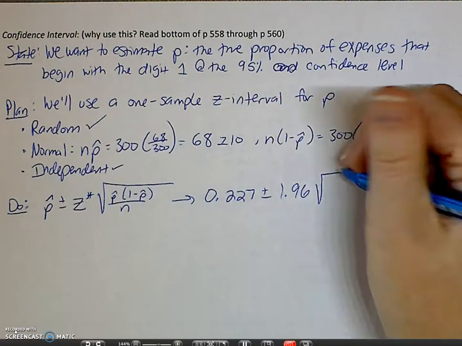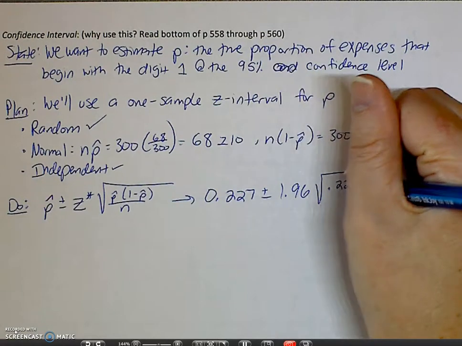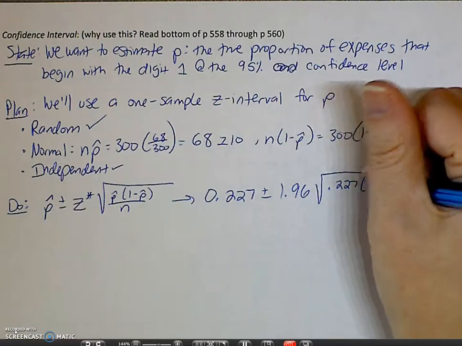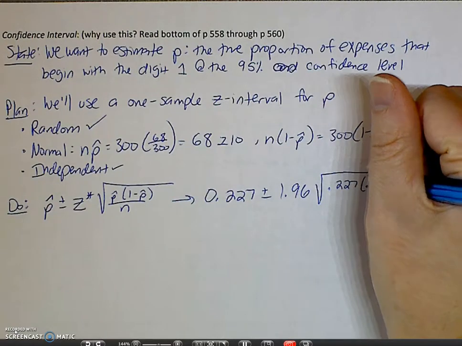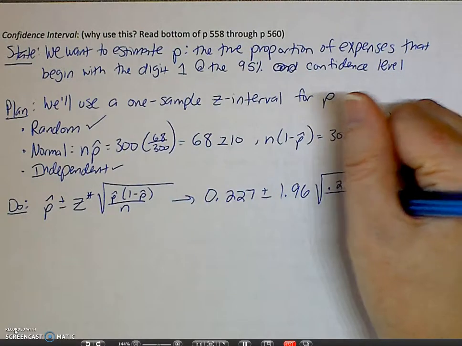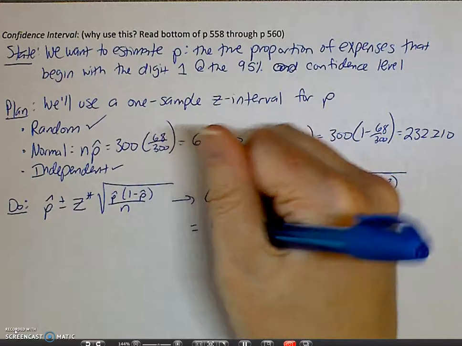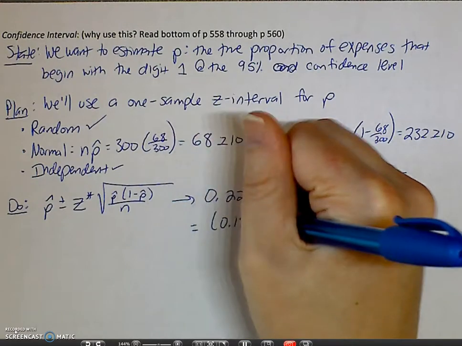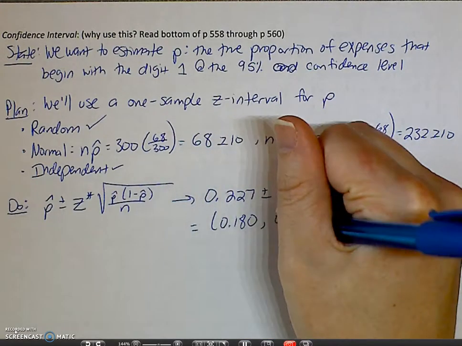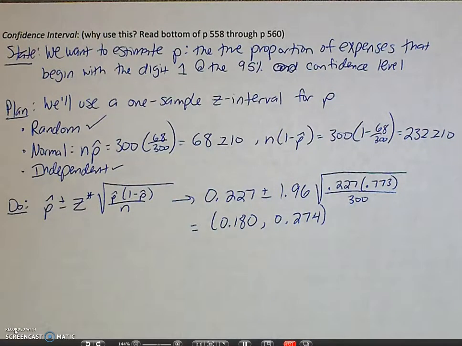It's also on that table. All of this is using 0.227. Notice how we're not using 0.301 anywhere in this problem. So that's one of the differences. So your interval is 0.180 to 0.274 when you do those calculations.